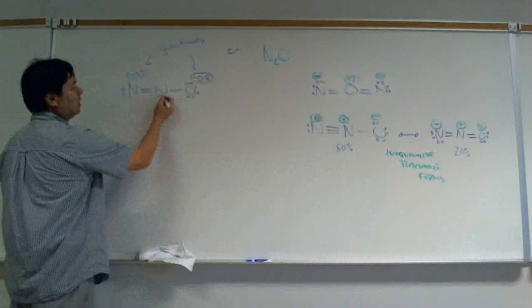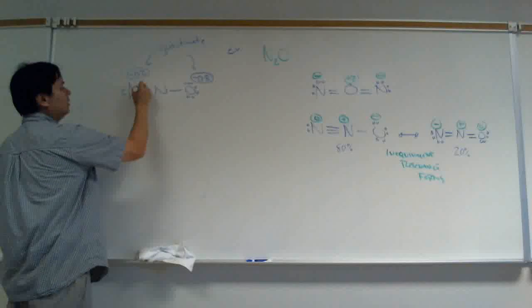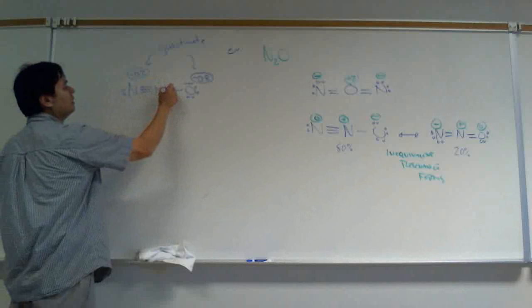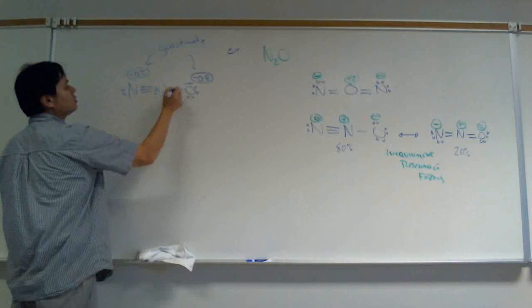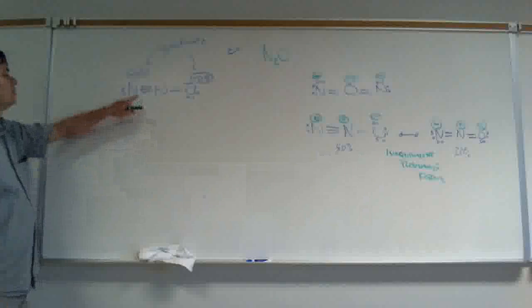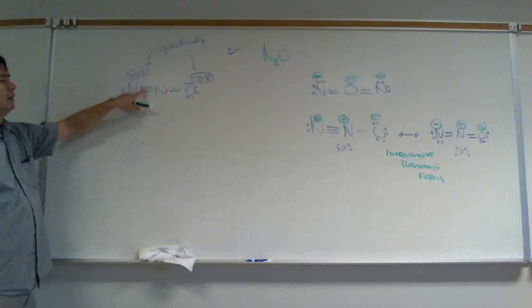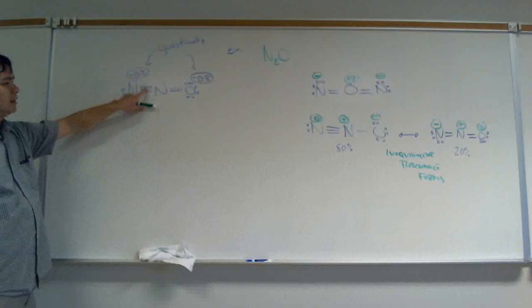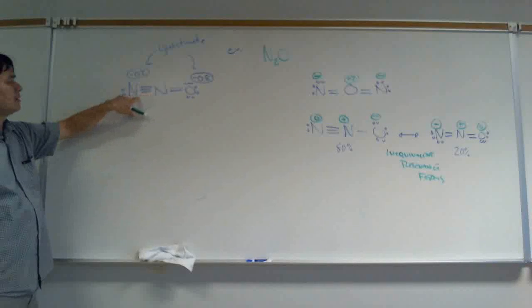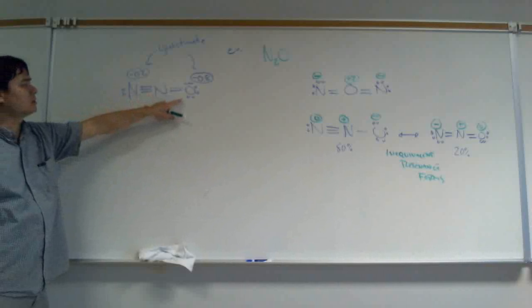The double bonding electrons spend more time, not double bonding. This extra bonding pair spends more time in the nitrogen-nitrogen bond than in the nitrogen-oxygen bond.